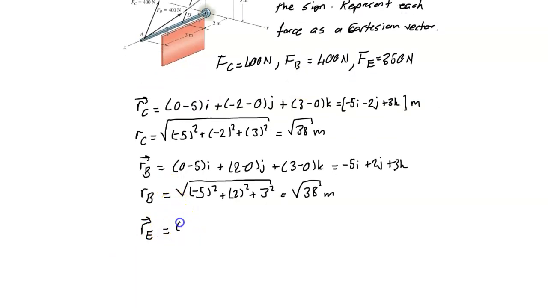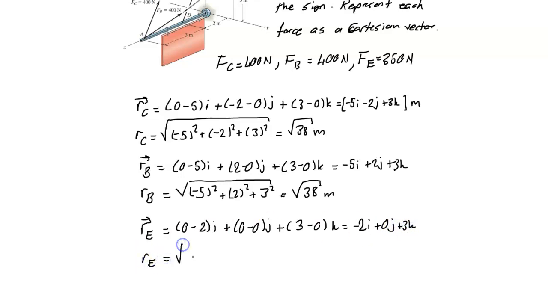That will be equal to 0 minus 2i plus 0 minus 0j, because the y coordinates for both are 0, and for the z coordinates we have 3 for point E and 0 for point D, and that's k. So the RE vector will be minus 2i plus 0j and plus 3k.